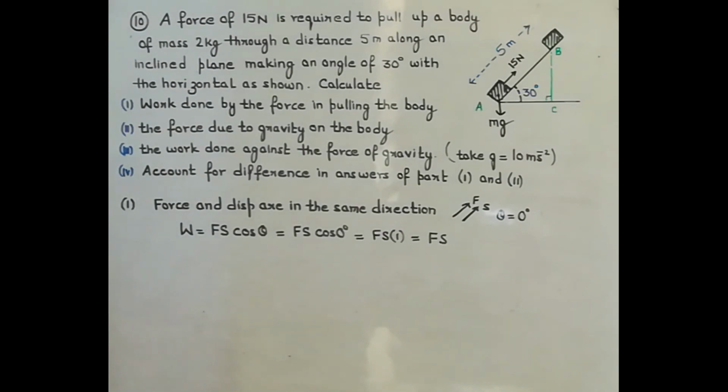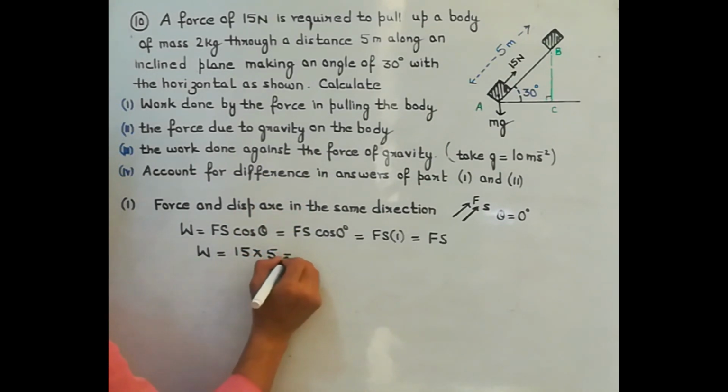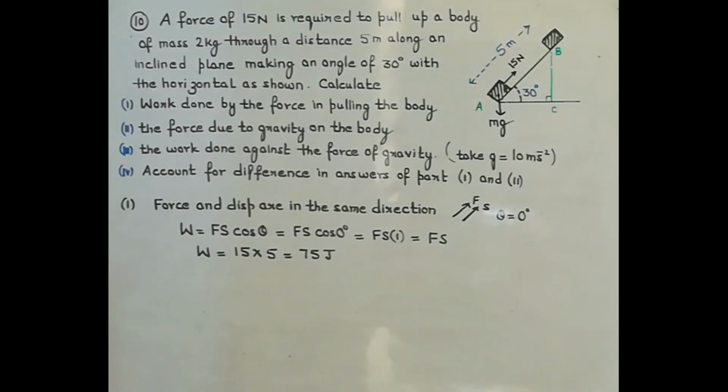So let's apply this formula and calculate the work done. How much is the force applied? 15 Newton. And the displacement A to B is marked 5. So we will say 75 joule work is done by the force in moving the body from A to B. Okay, the second part.